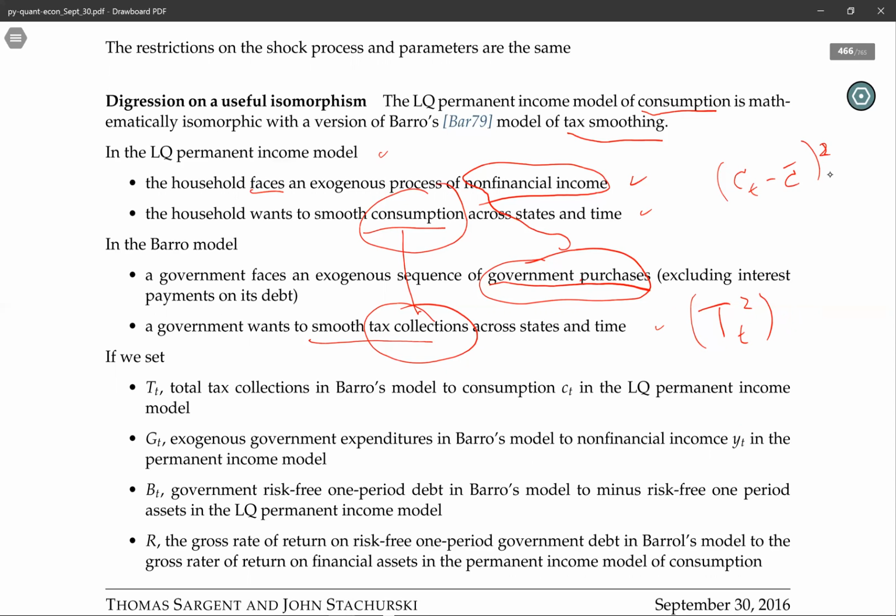In place of assets, the assets in the consumption smoothing model are essentially minus government debt in the Barro model. So through the back door, we've told you how Barro's model works, and we've written down a dynamic programming problem that can be used to solve it.